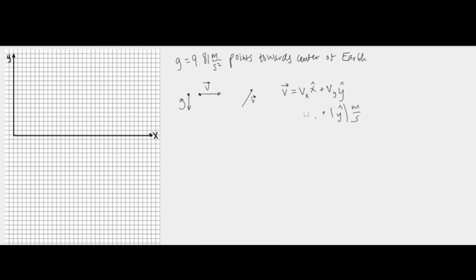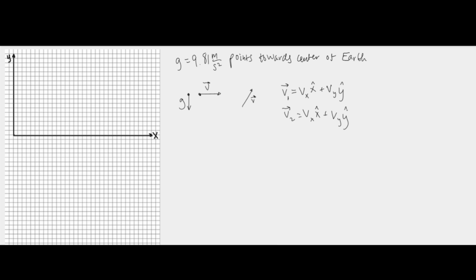So v is a vector quantity, and just like with position vectors, if you have a v1 and a v2, you can't just add v1 and v2 together. You have to add the individual components together when you're dealing with a vector.